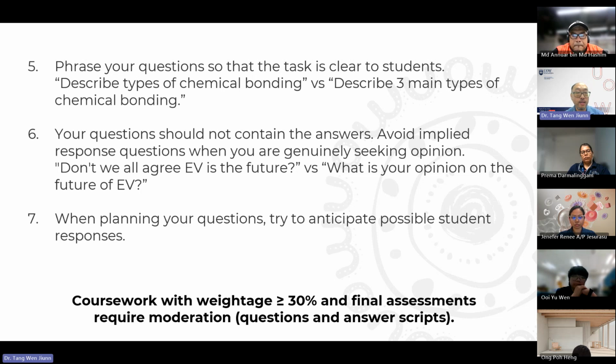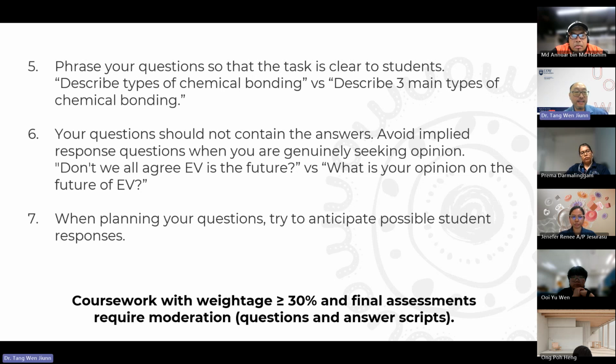Then the questions should not contain the answer, whether it is an answer or suggestions. Avoid implied response questions when you are genuinely seeking opinions. So if it is an opinion question, the question should be neutral. We shouldn't have any clues to lead them to a certain side of the answer.